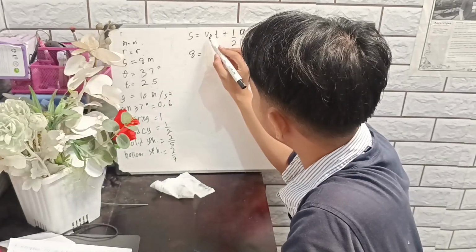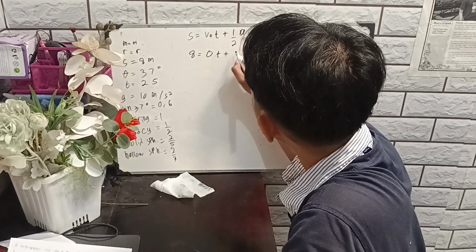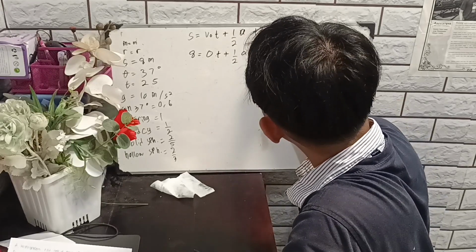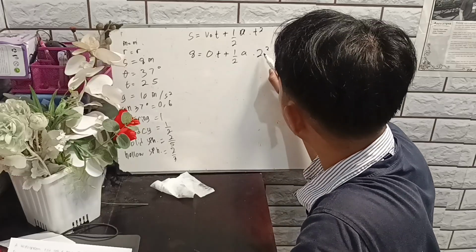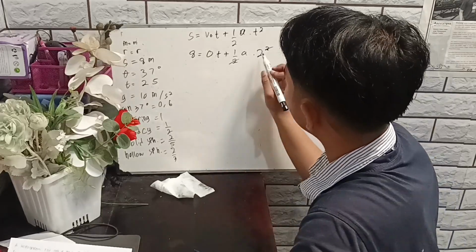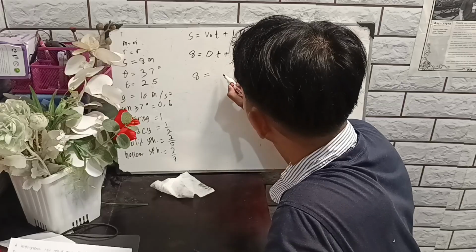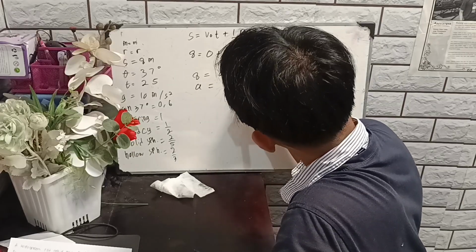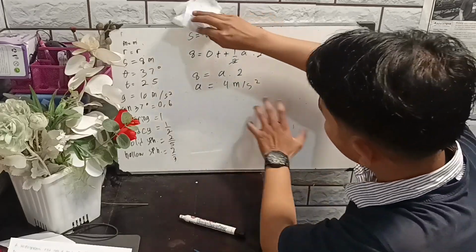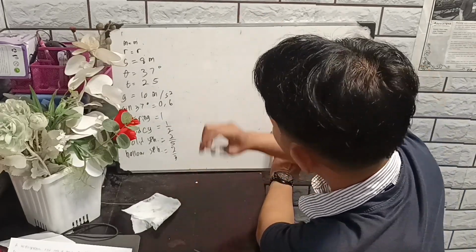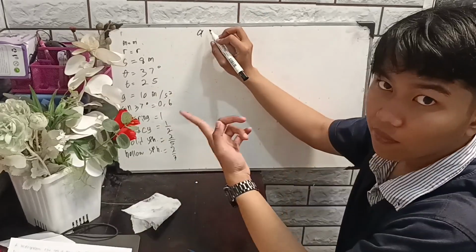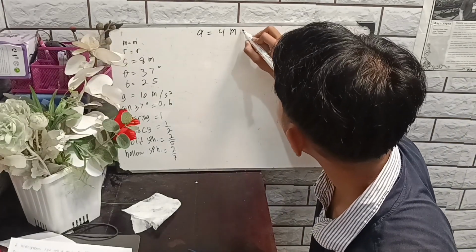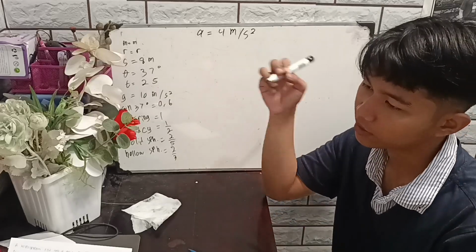It starts from rest, so V0 is 0, plus a half of a times 2 squared. 2 squared is 4, and half of that is 2, so we can rewrite it as a times 2, and the acceleration is 4 meters per second squared.